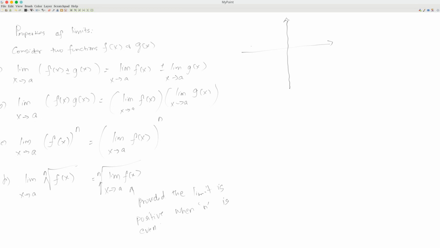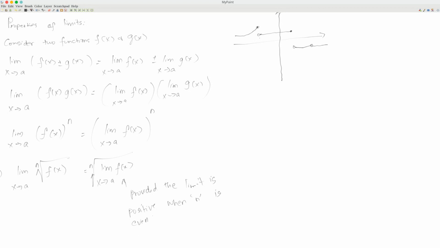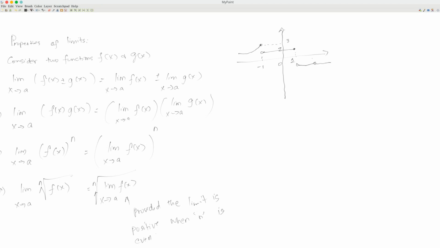And that's 3, and let's call that value -1.